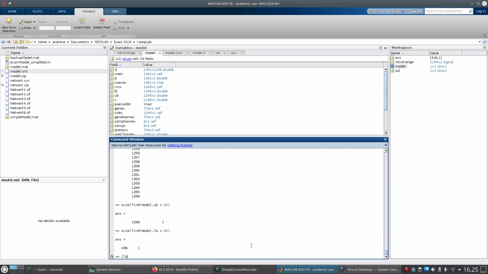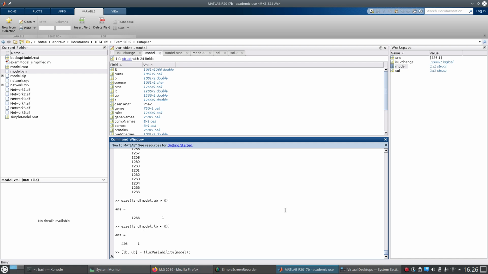So if we can just call them LB and UB, I think that should be the correct order, equals flux variability of model. I need to double check that LB and that's actually the order they come in. That being said, this takes a little bit longer to run.